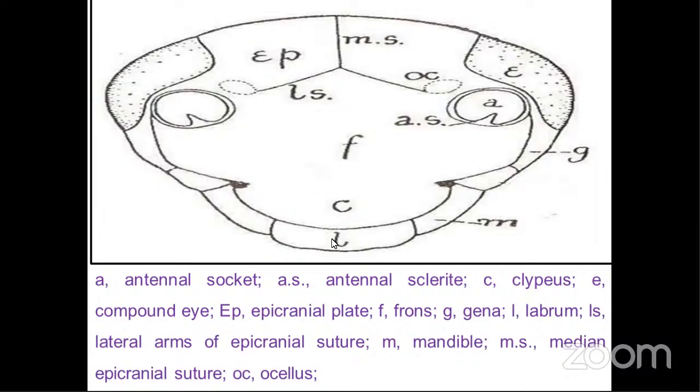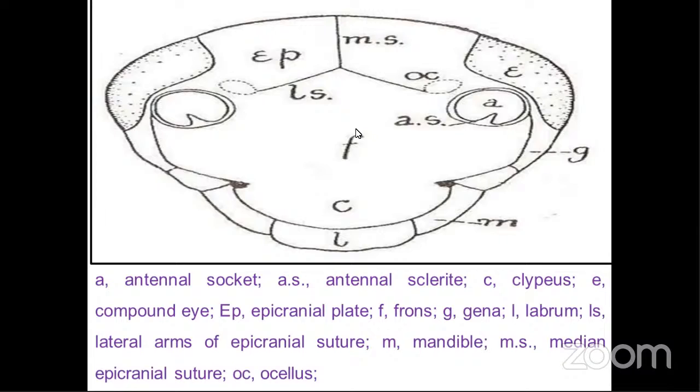Next, followed by the labrum, C means clypeus. In between the clypeus and labrum, one suture is there. This is one sclerite and this is another sclerite. Suture means it joins the two sclerites. So this is the suture, and this is a sclerite and this is a sclerite.